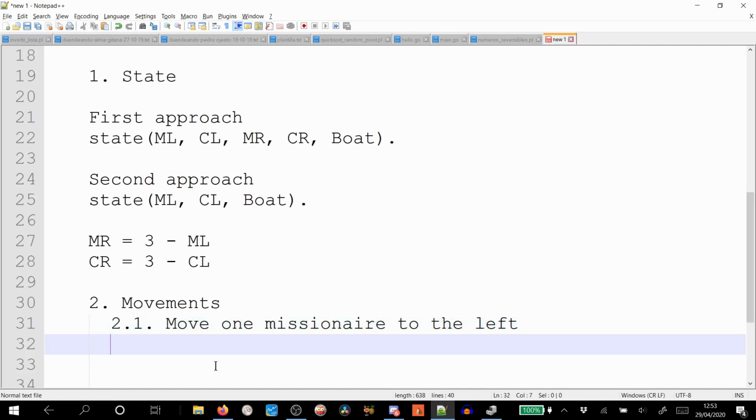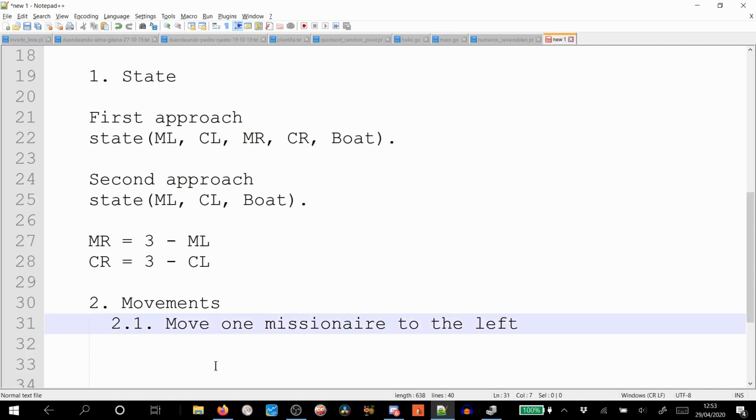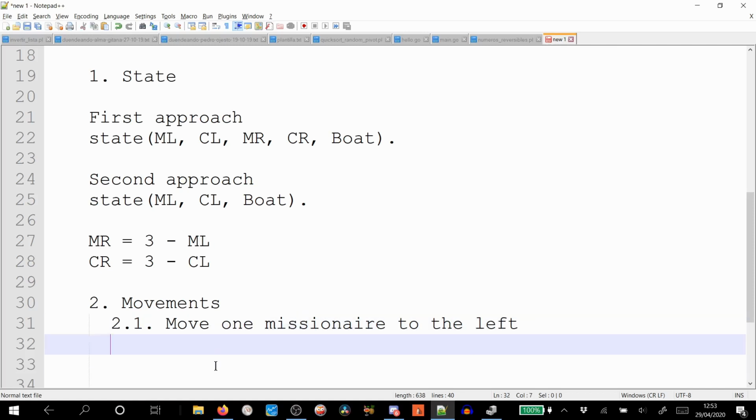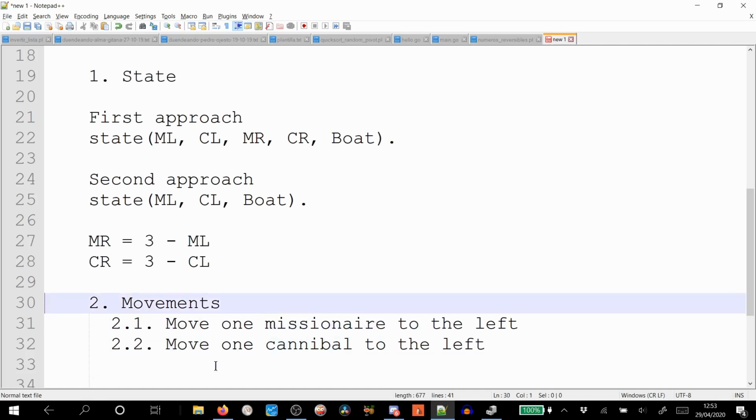No? Move one cannibal to the left, and the same to the right.